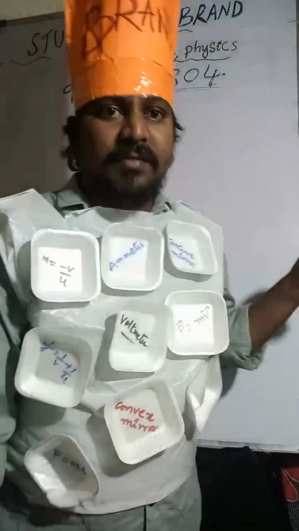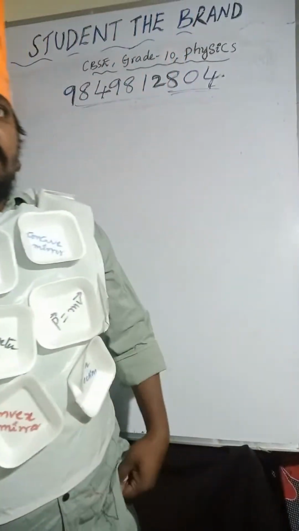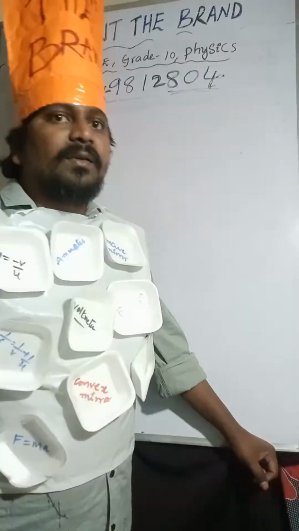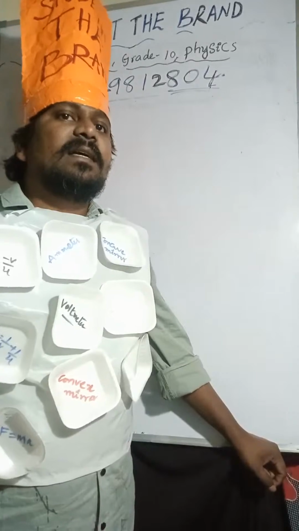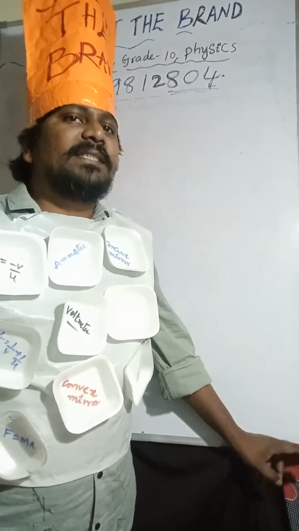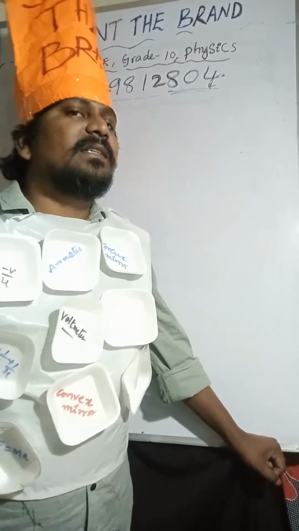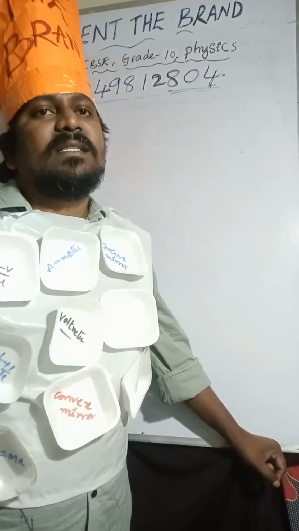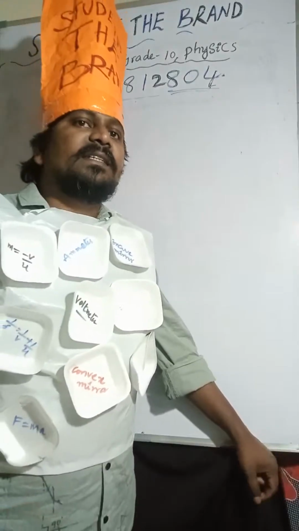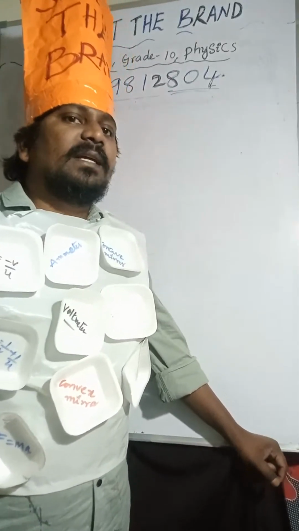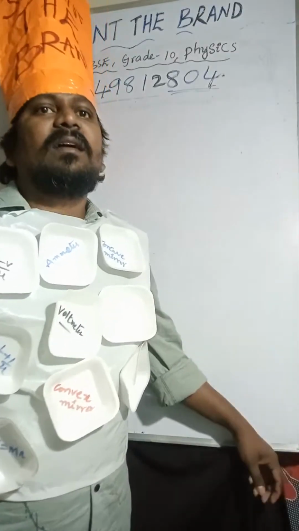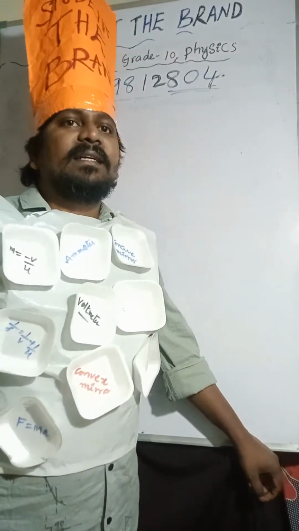Next one, sign conventions. New Cartesian sign convention. All distances are measured from the pole. Distance positive along the incident rays.